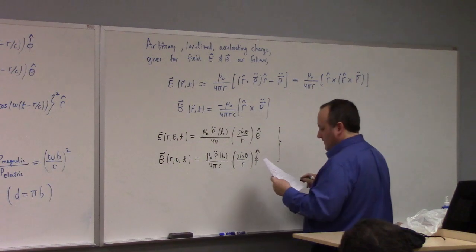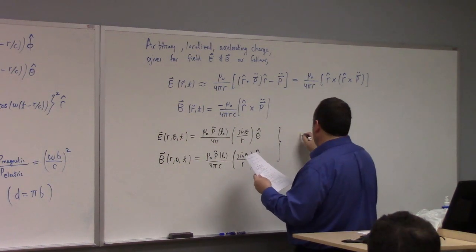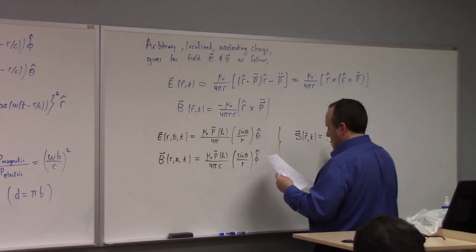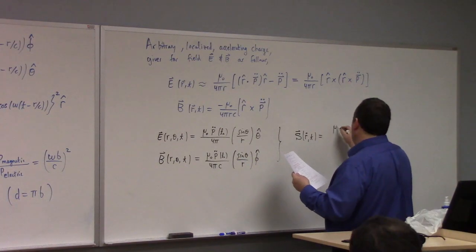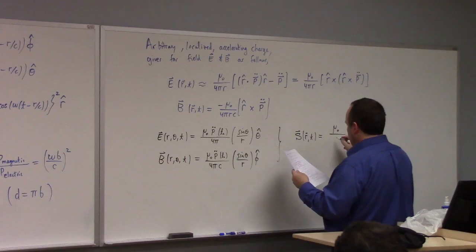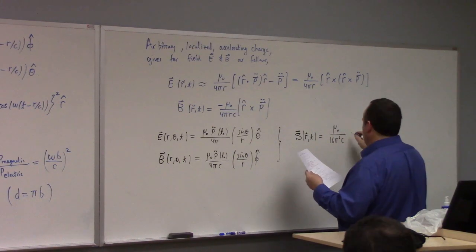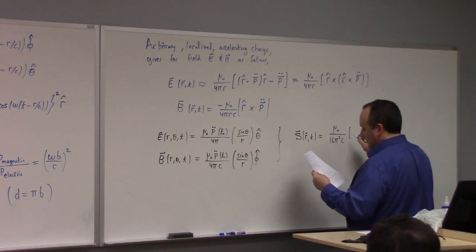So you put these together, and this gives you the Poynting vector of mu naught over 16 pi squared c. If I was smarter, I would have just written this down, because what I'm writing at the moment is general.